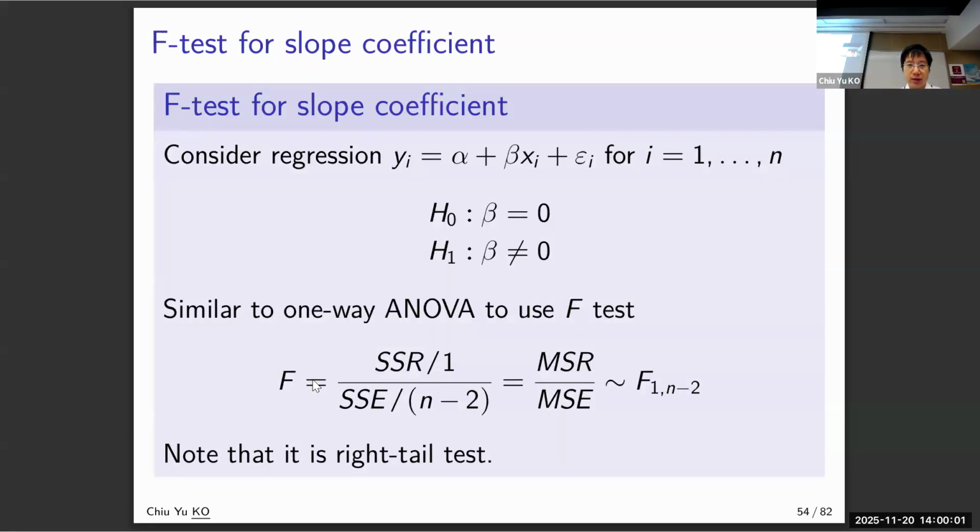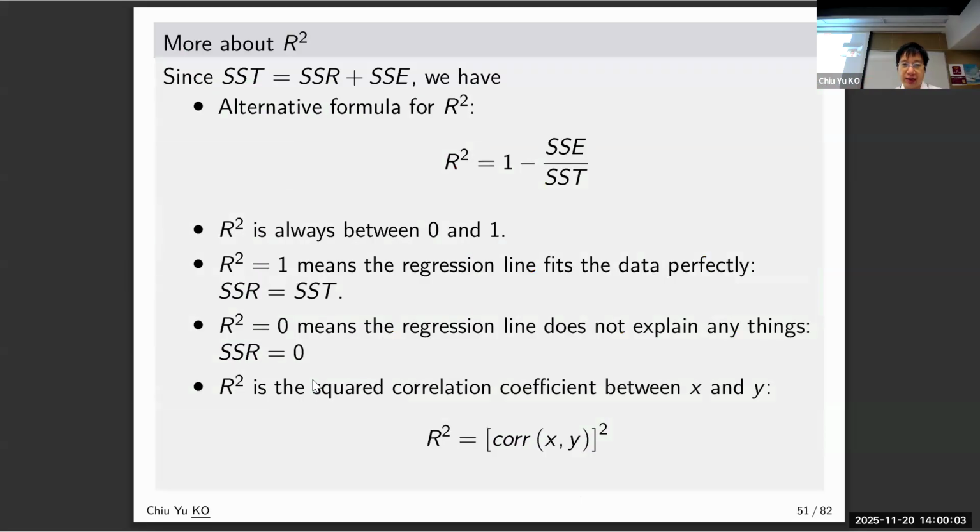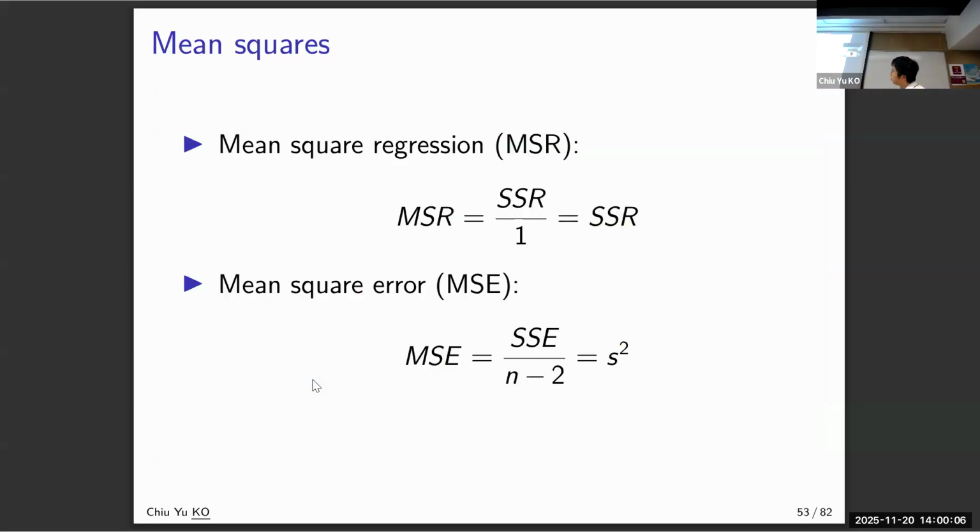And the next thing is, because we have SSE and SSR, we can do the same idea. You can calculate variance based on the SSR and SSE. If you look at ANOVA, this is actually C minus 1.